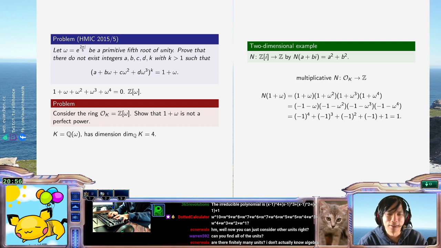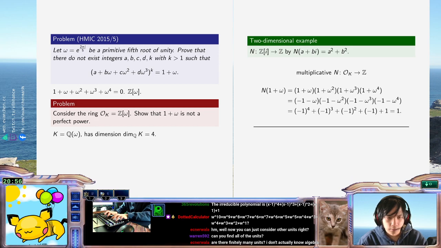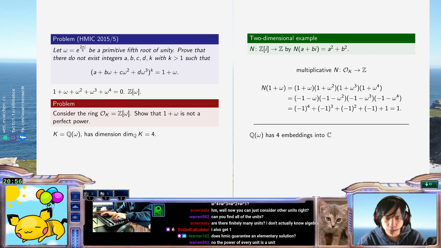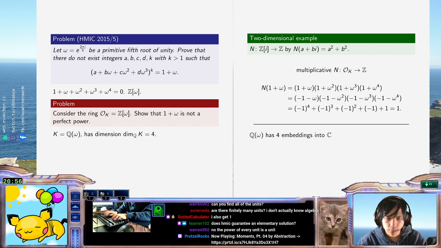Dude, I don't know this stuff either, but there is a theorem for this. So there are exactly 4 embeddings of Q adjoin omega into C, where omega maps to omega to the K for K equals 1, 2, 3, 4.